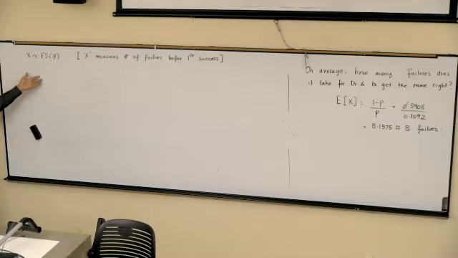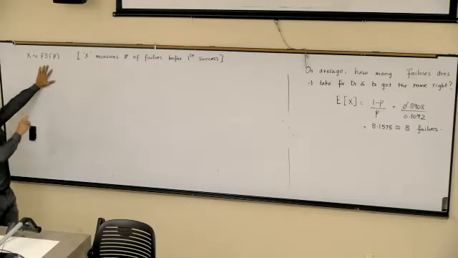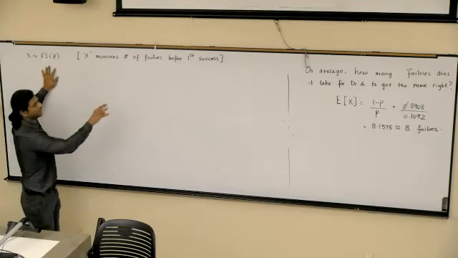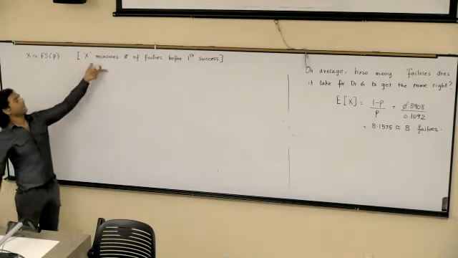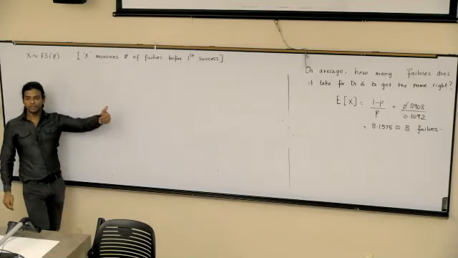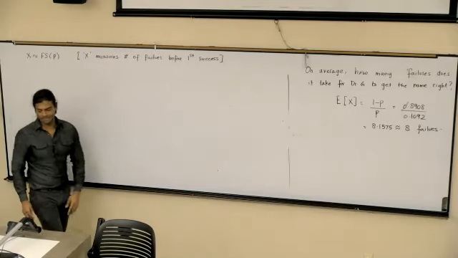This is also a geometric, but your book calls it a first success distribution, but that's okay. I think the author wanted to distinguish between the 2 types of geometric functions. Last time, I called this geometric. It is geometric, but what does it do? The way we defined it, it measures the number of failures before the first success.